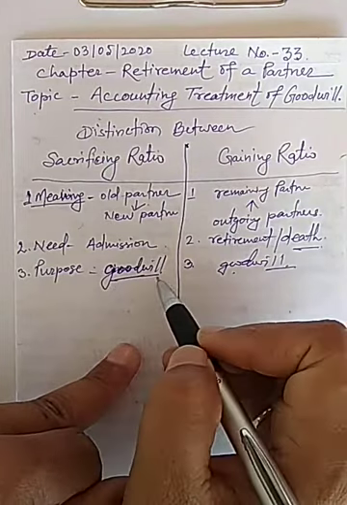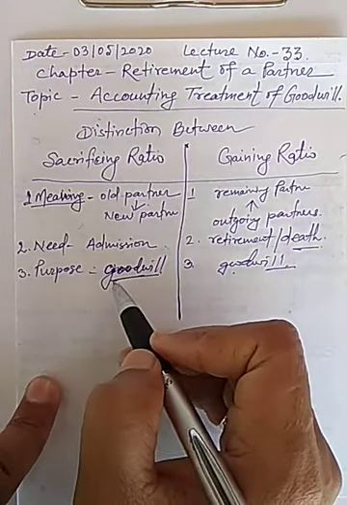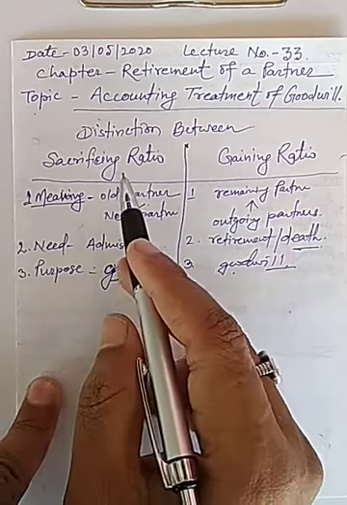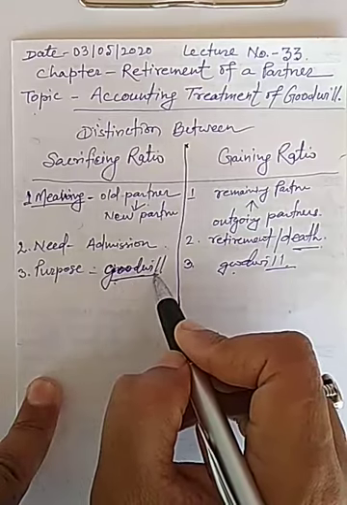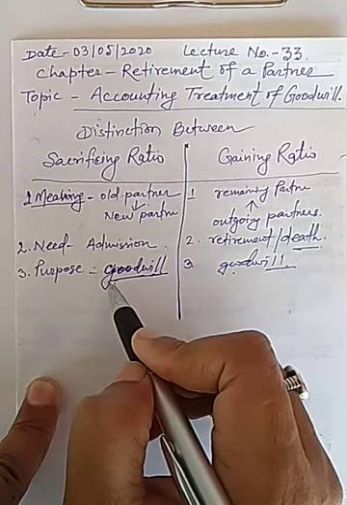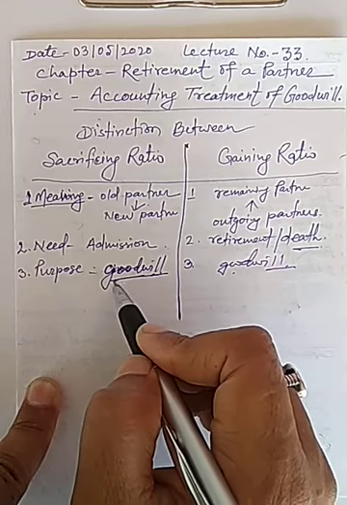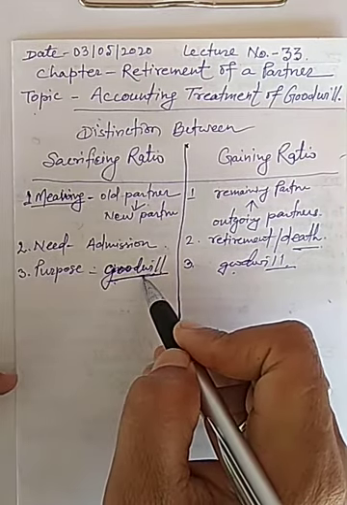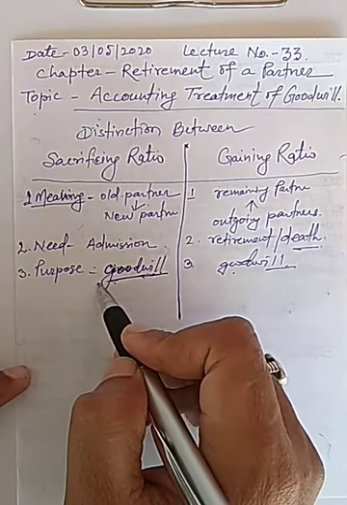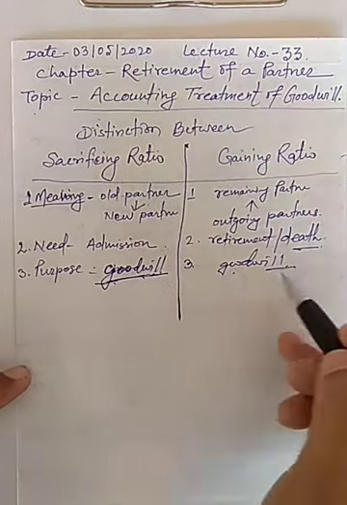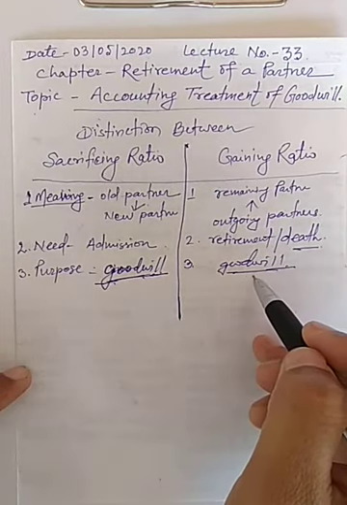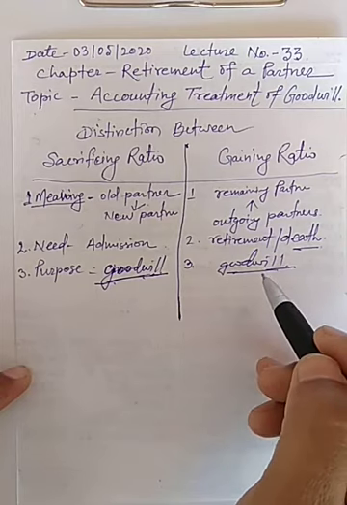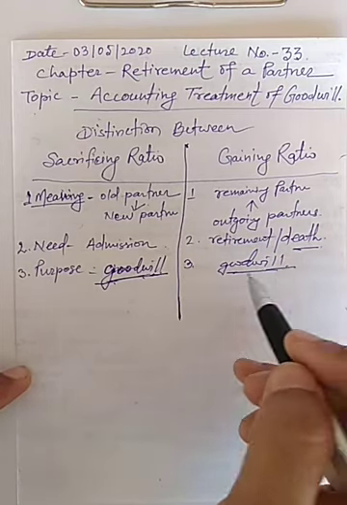In both cases, the purpose will be the same, but sacrificing ratio will be calculated at the time of admission for distribution of goodwill, and gaining ratio is calculated for giving the outgoing partner's share of goodwill.